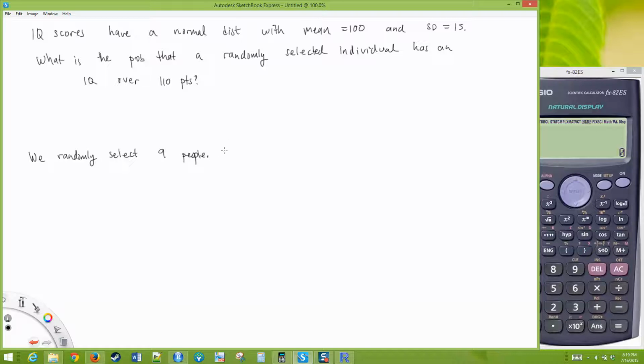What is the probability that the average IQ of these 9 people is over 110 points.